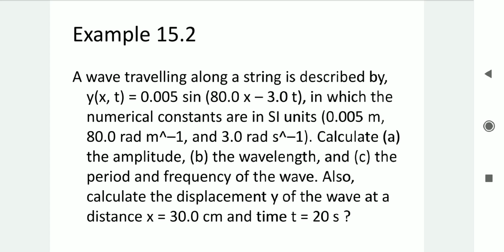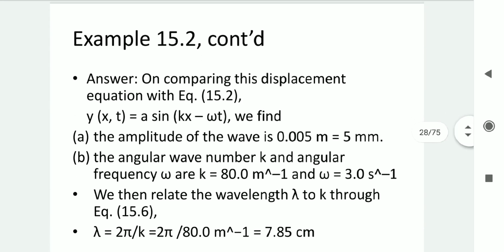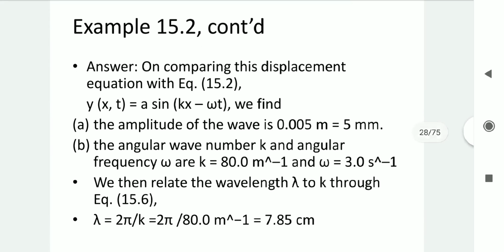By comparing that equation with the given equation, we can define that a equals 0.005 meter. So here we are having the amplitude of the wave, that is 0.005 meter, or 5 millimeter. The angular wave number is k, and angular frequency is ω.